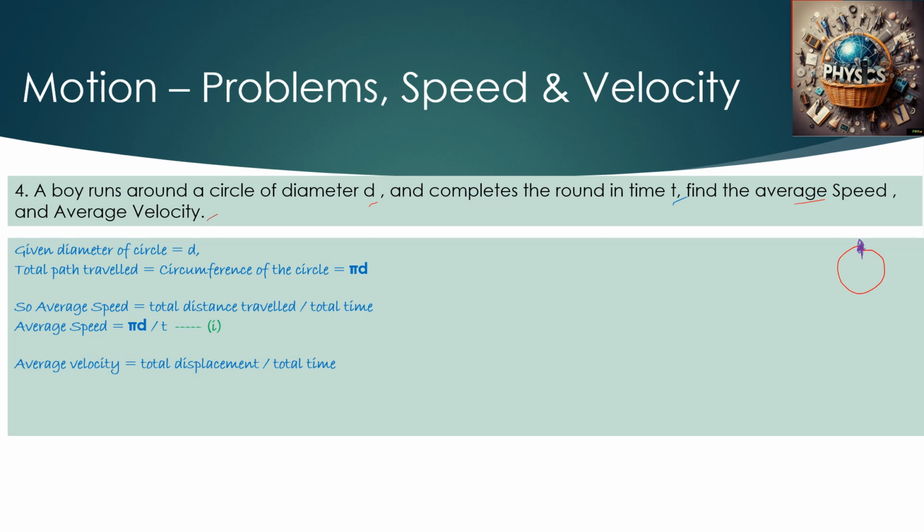So the displacement is nothing but zero, because eventually the shortest distance between the starting point and end point is again zero only. And we know the time, so 0 by time, nothing. So the velocity in this case becomes 0, because the displacement is 0. So that's our answer.